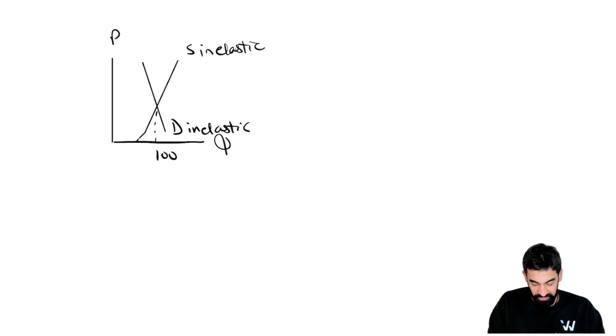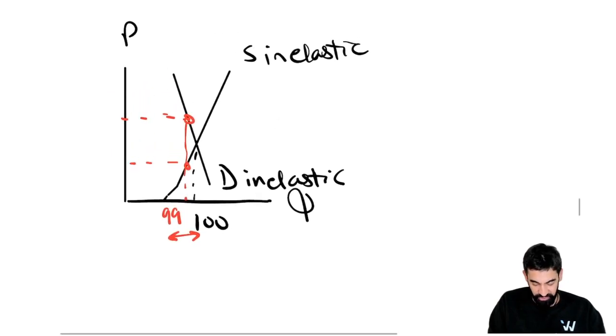Now when we bring in a tax like this, you see the gap here is still $6. It's still a $6 tax, but now the quantity is only falling by a little bit from, let's say, 100 to 99. So in this case, do you think you would have a big deadweight loss or small deadweight loss? You would have a relatively small deadweight loss.